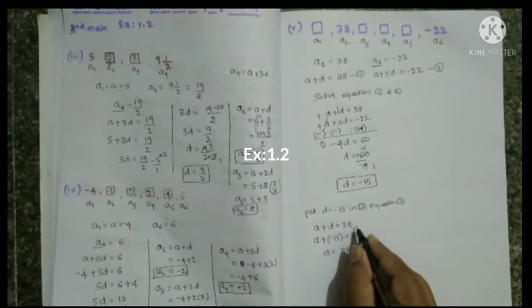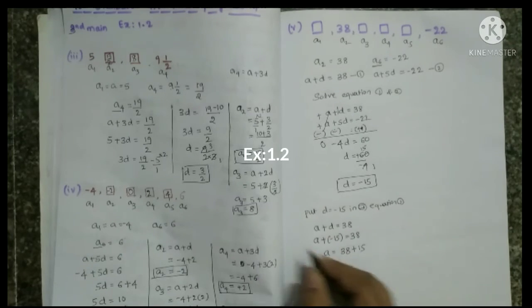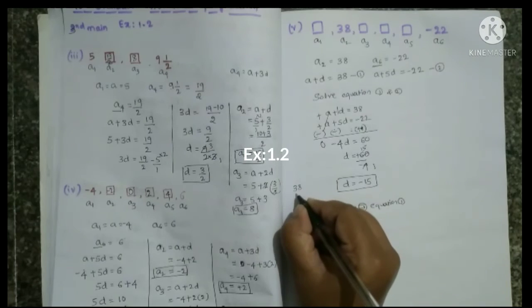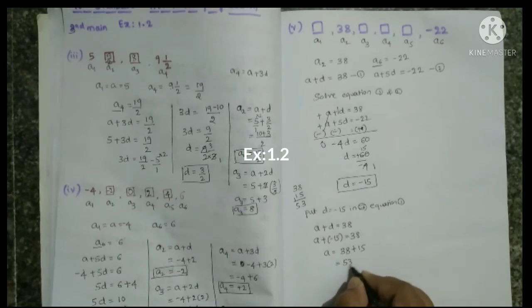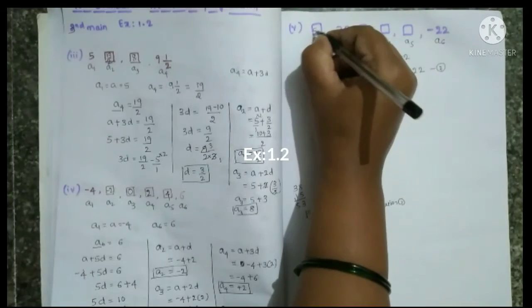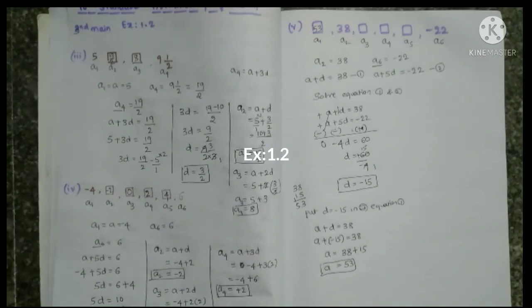If I transfer minus 15 to the right side it will become plus 15. So 38 plus 15, how much you will get? 53. So A value we got as 53. Next we'll find A3, A4, A5.